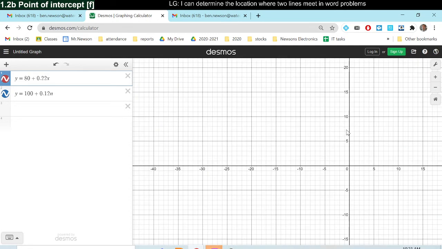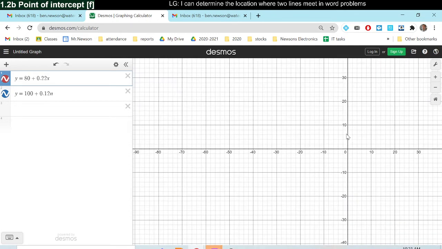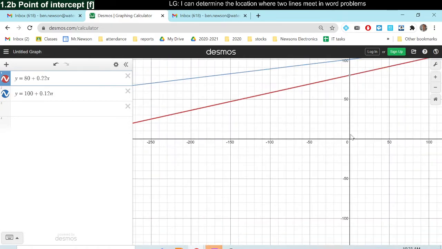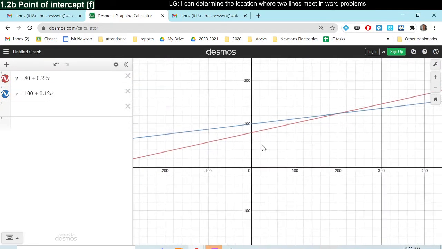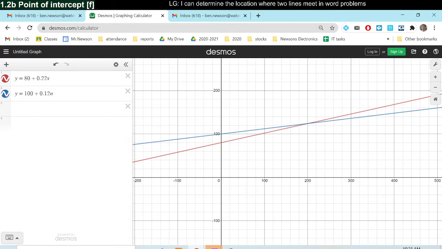Now I can't see them on my graph. One is 0, it should be 80. Oh, there we go. We had to zoom right out. So basically here, we can actually change them back. C is equal to that many n. I'm just going to change my variables, C and n.